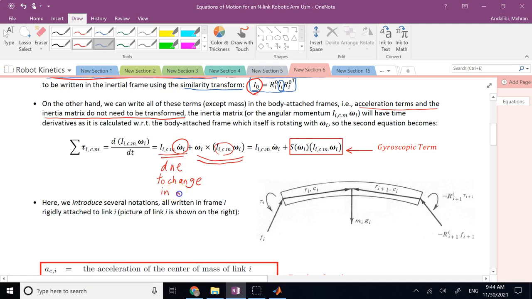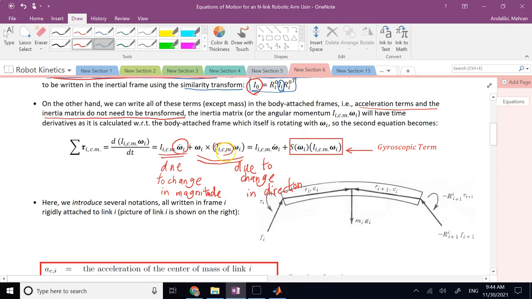So this is due to change in magnitude. Magnitude of what? The whole vector, because omega changes, then I omega does change. And this one is due to change in direction. Okay, so here you have two terms.